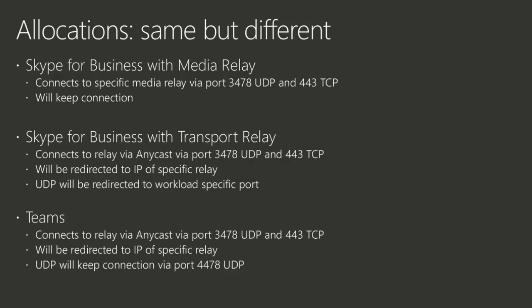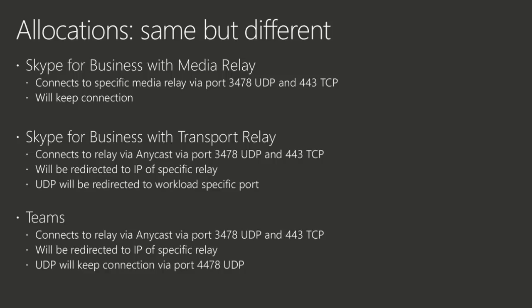If it's Teams, similar, but not the same. It connects via Anycast IP on 3478 UDP and 443 TCP. It will be directed to a specific server, but at this point in time, we are not redirecting to another port. We plan to enable that in the near future, and that will help you to prioritize your traffic accordingly.